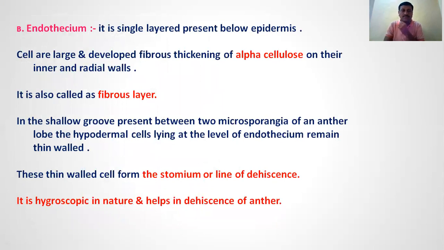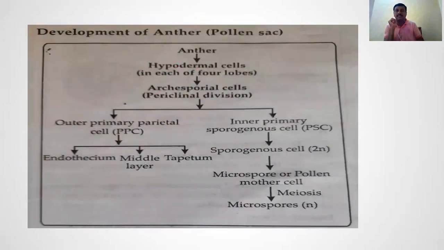In the shallow groove present between two microsporangia of an anther lobe, the hypodermal cells lying at the level of the endothecium remain thin-walled. In the development of the anther, hypodermal cells divide to form archesporial cells, and archesporial cells divide mitotically to produce two cells: the primary parietal cells and the sporogenous cells.